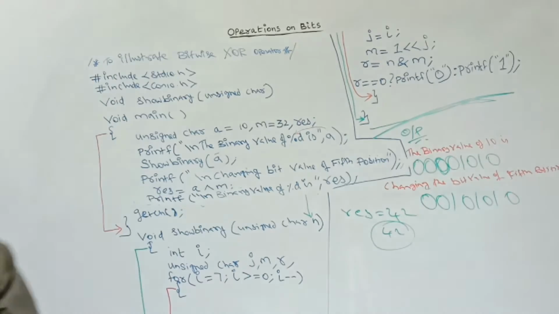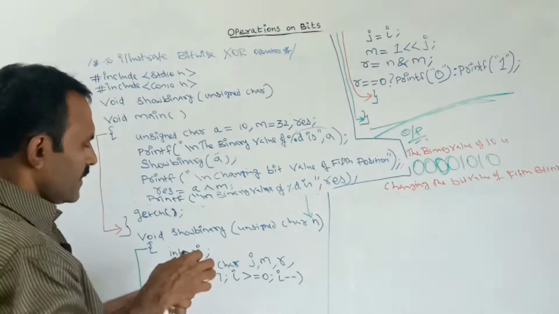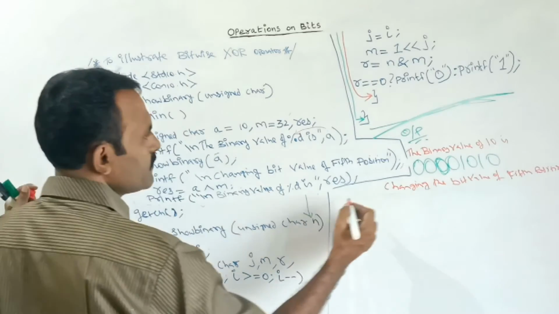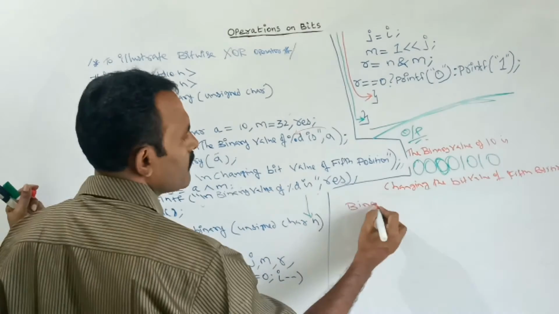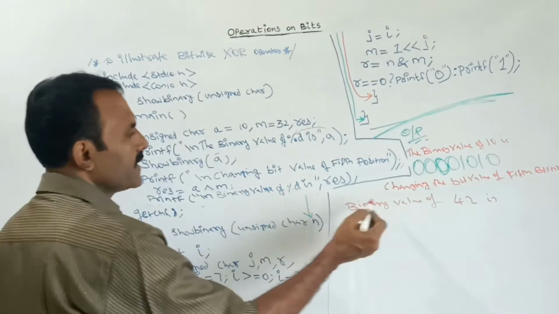So in this step this will display like this. Binary value of this message will be printed, 42 is. So it prints like this.